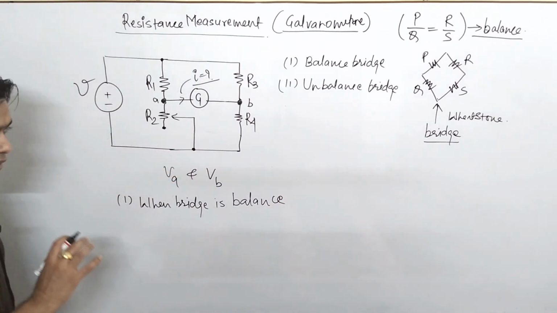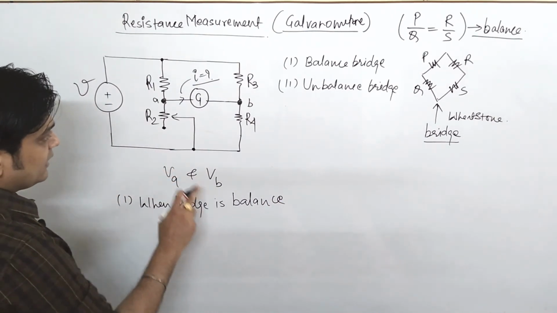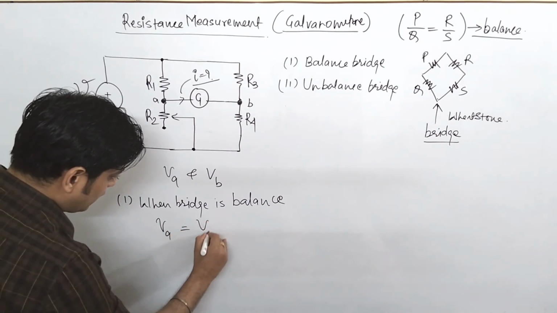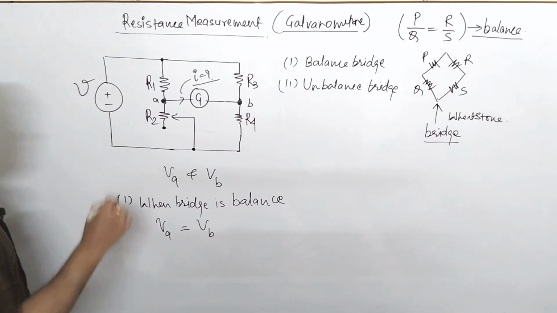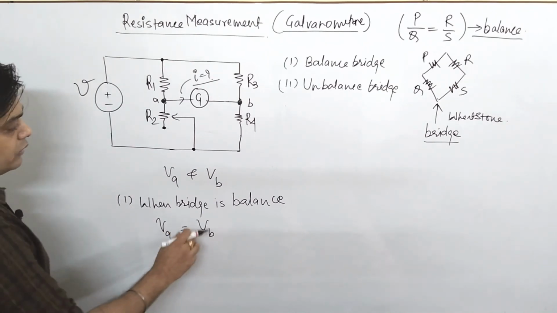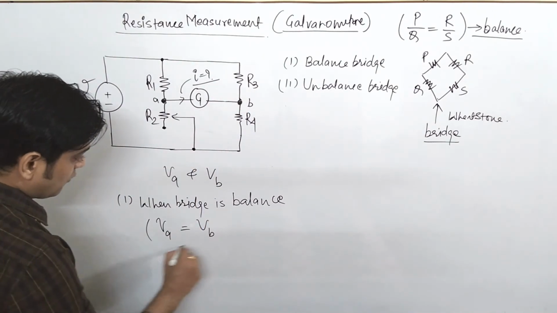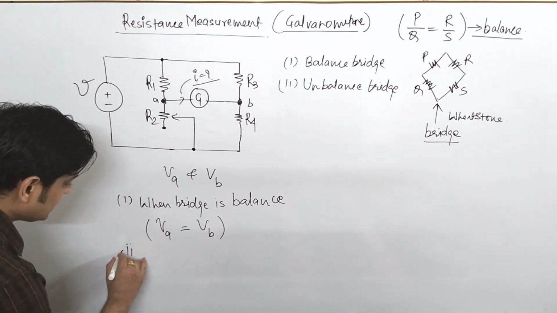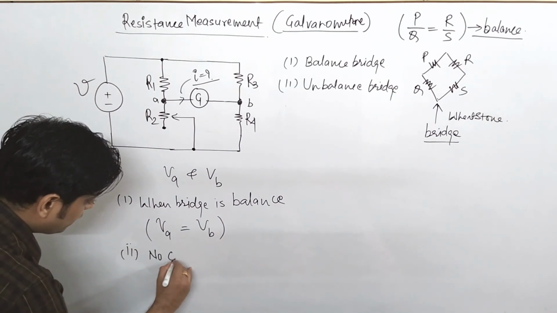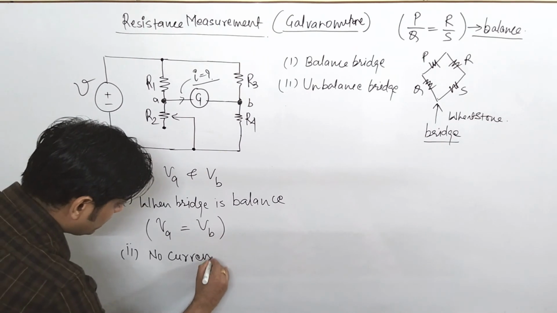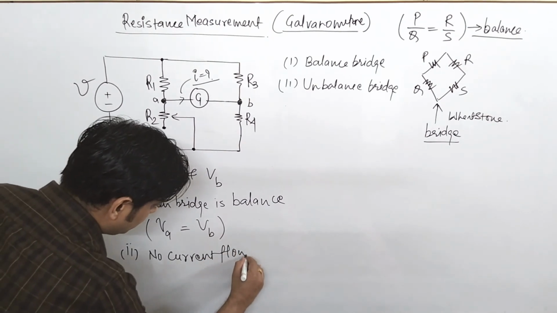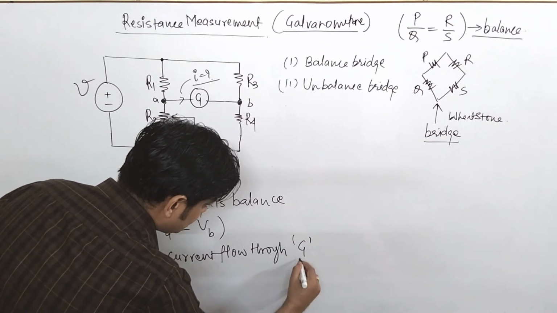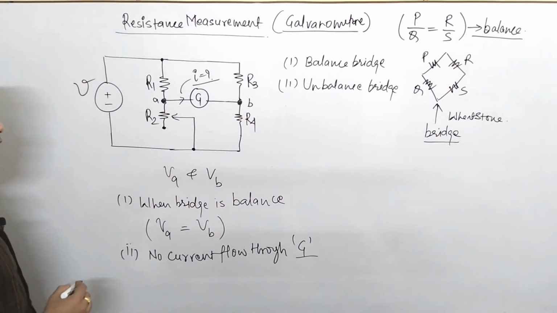When the bridge is balanced, the voltage at node A, VA, and the voltage at node B, VB, will become equal. That means no current flows through G, that is the galvanometer.